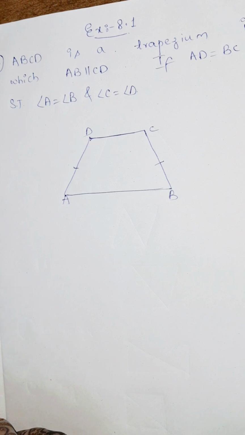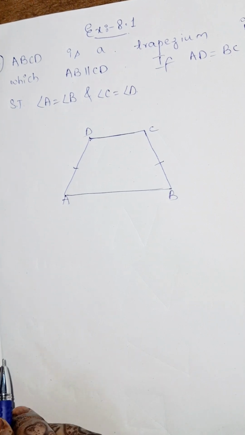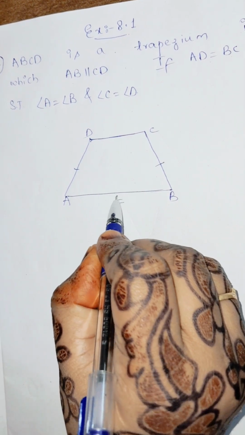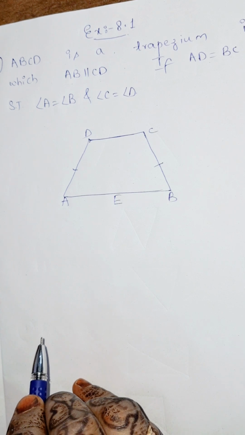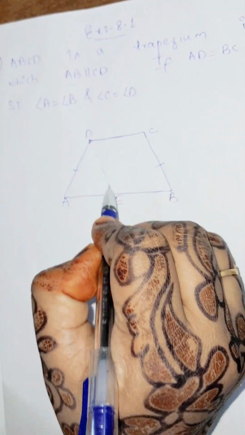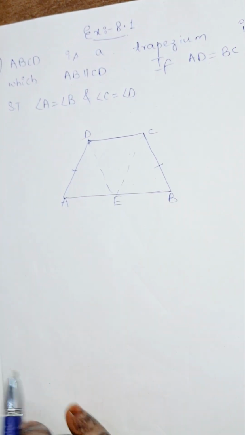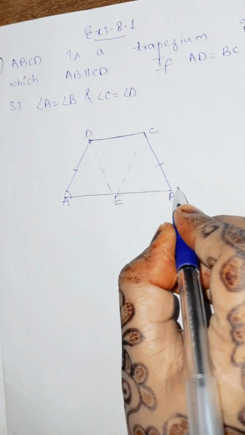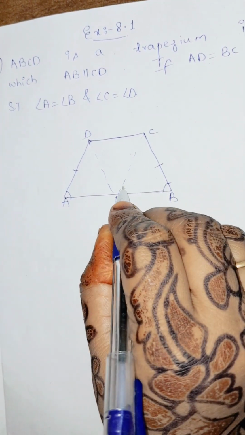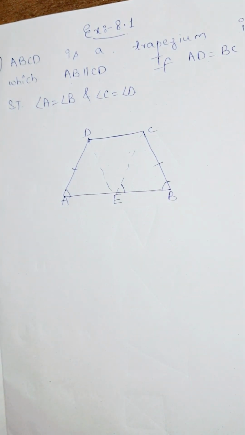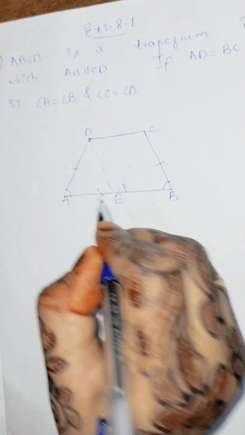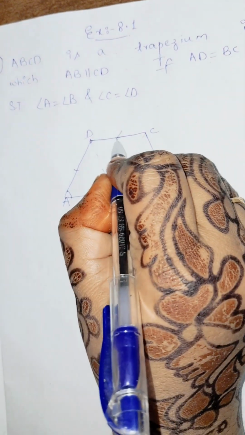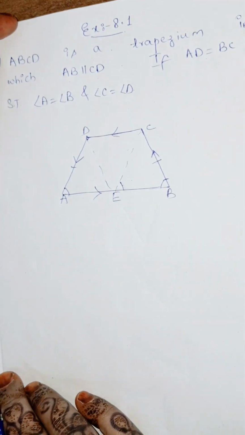Next, also let us take one more point here, E. I am taking one more point, E. If I am making some kind of triangle, so here this will be angle A and this will be angle B, this will be angle C, right? Angle E, right? A, B, C, D.